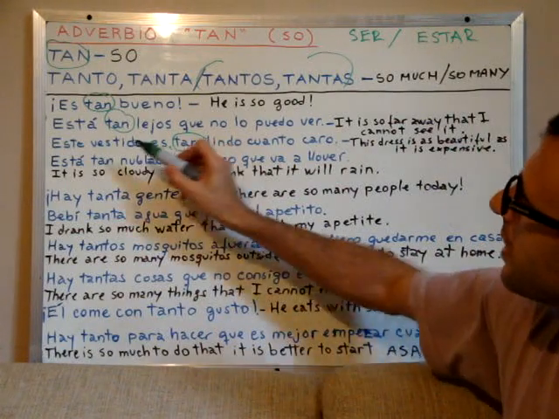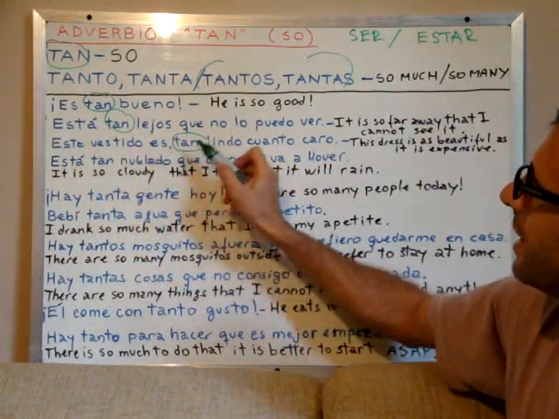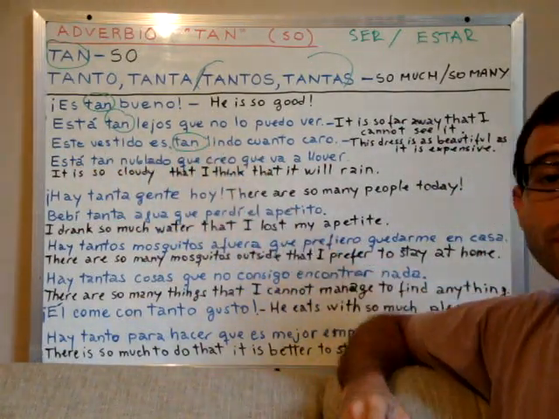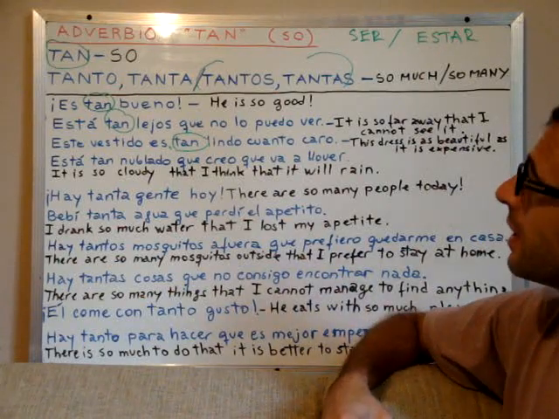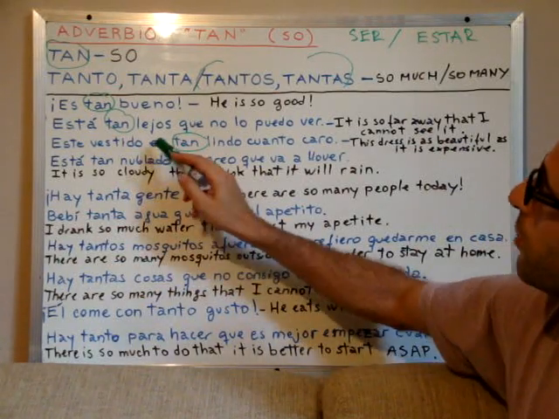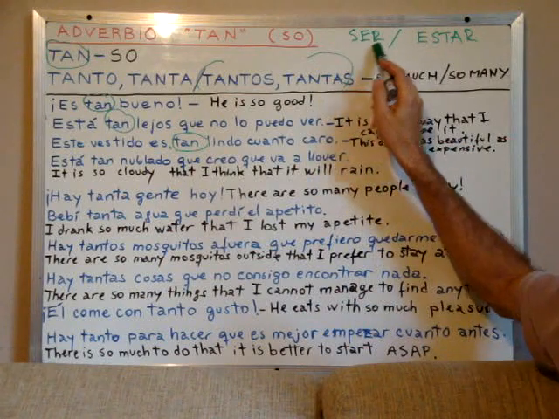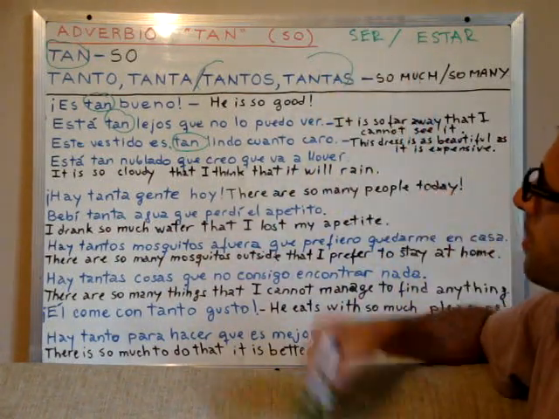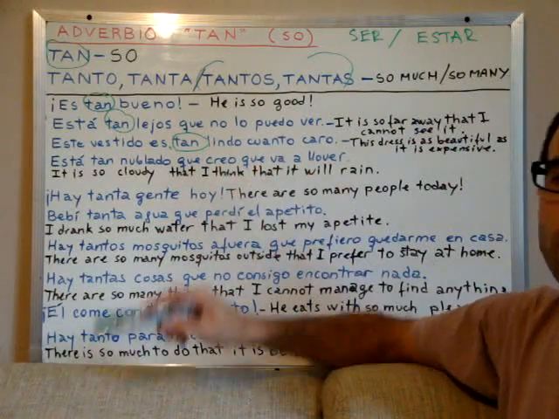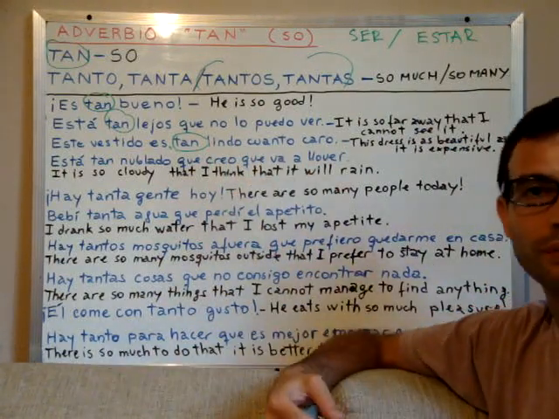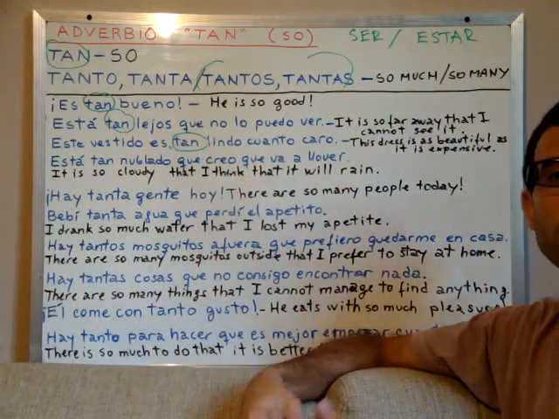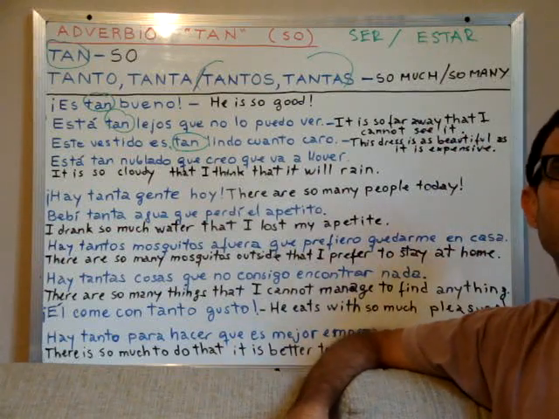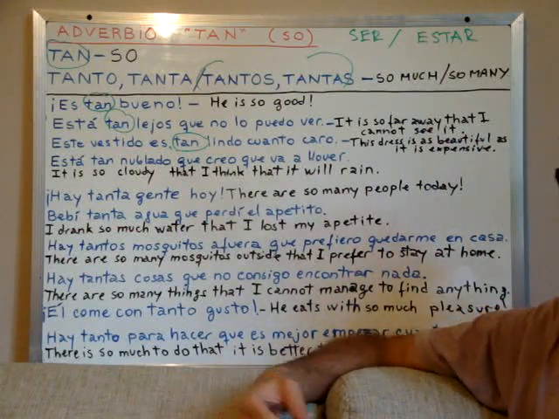Now look at this. Este vestido es tan lindo. This dress is so beautiful. Here we are using the verb ser. Verb to be, like verb ser. Why? Because beauty is considered something intrinsic, right? It's not something mutable like being dirty or being clean.